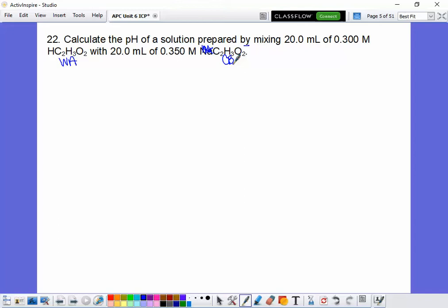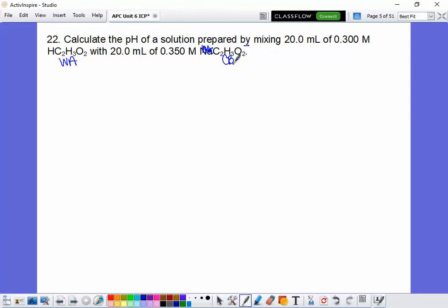But are they going to be diluted by the same ratio? Look at the volumes. We're starting off with 20 milliliters of each, and we're ending at what total volume? 40. So both of these molarities are going to be divided by 2. So is the ratio of our acid to base changing? No, it's not.